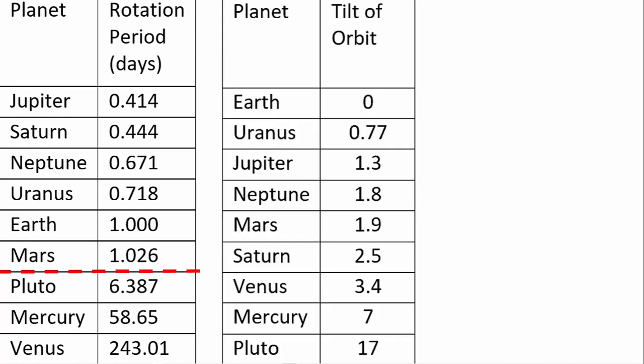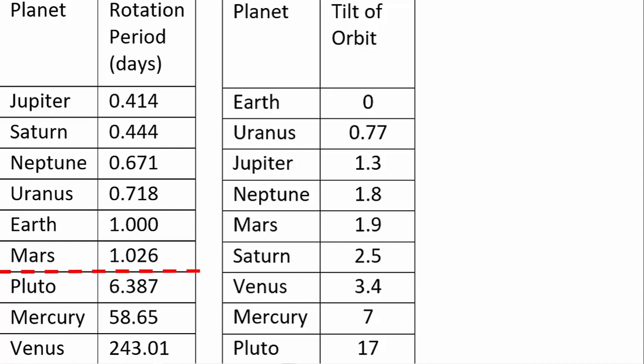The tilt of the orbit of the planets, this is one that's hard to categorize actually. We define Earth's orbit to have 0 tilt and then compare everything to Earth. These are degrees, are the units on here, and the tilt of the orbit. Uranus is almost matching Earth's orbit as far as tilt. Jupiter 1.3 degrees off for its planetary orbit, which isn't much. 1.9 degrees isn't much.